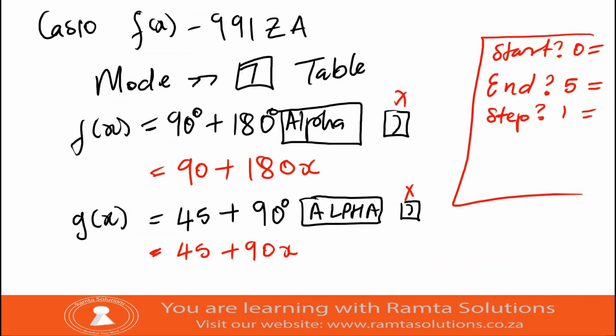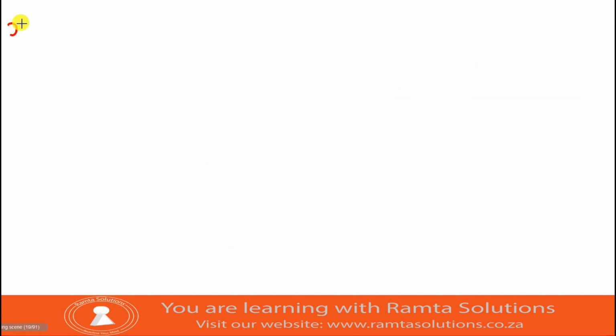For f of x, they are 90 degrees and 270 degrees. These are our asymptotes. You will see what we mean by asymptotes.